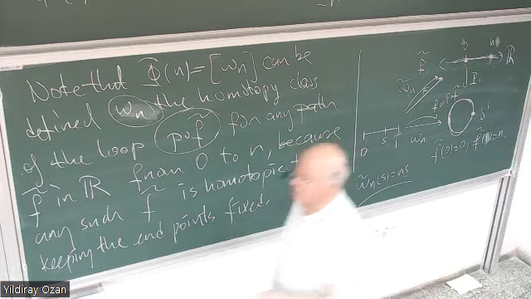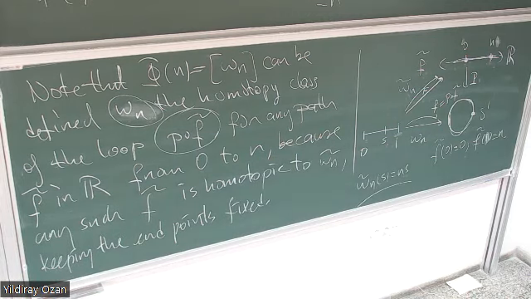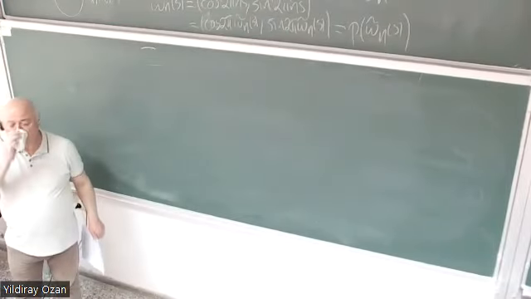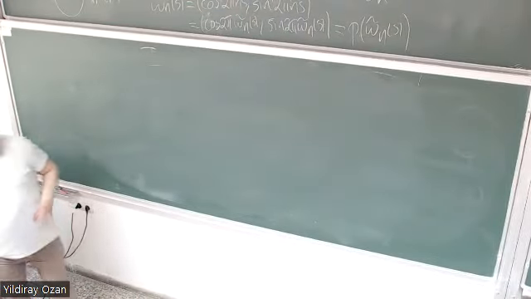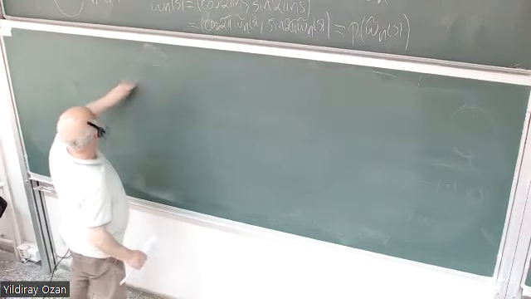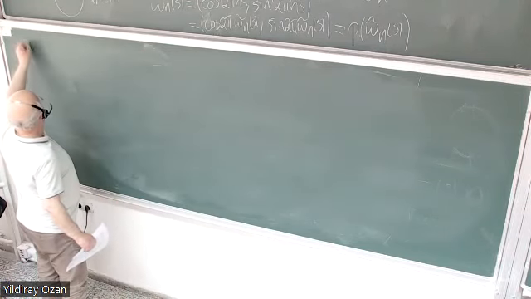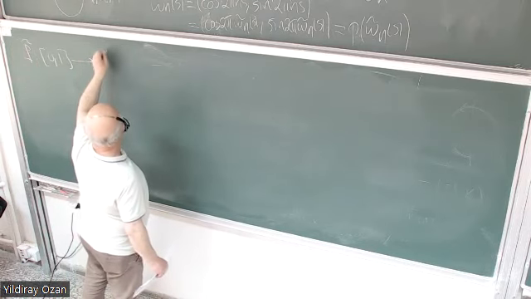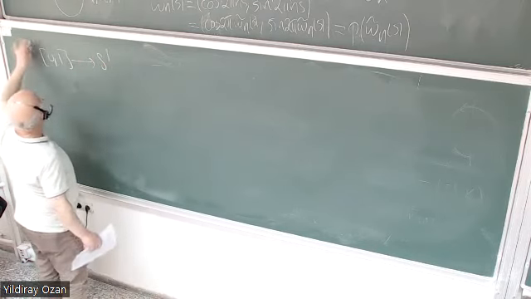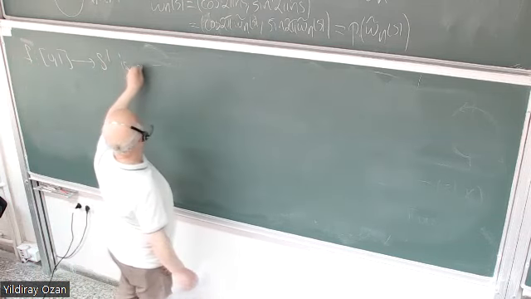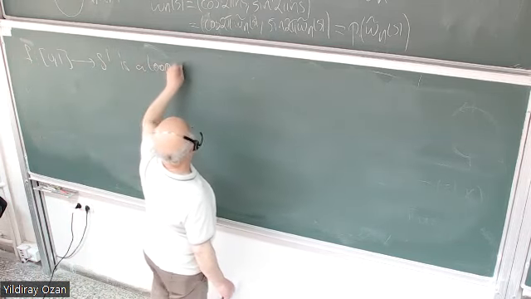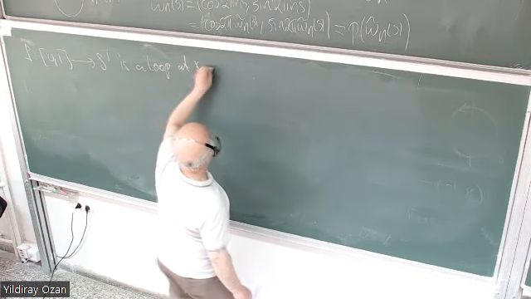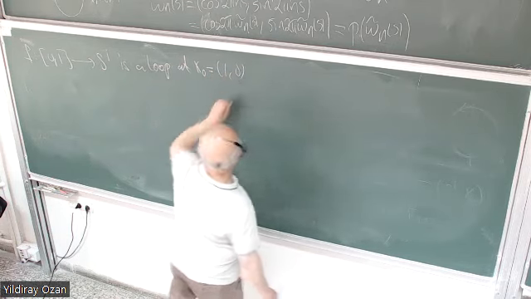So here, first of all, this f is a loop at x0, which is 1, 0. Why is that?